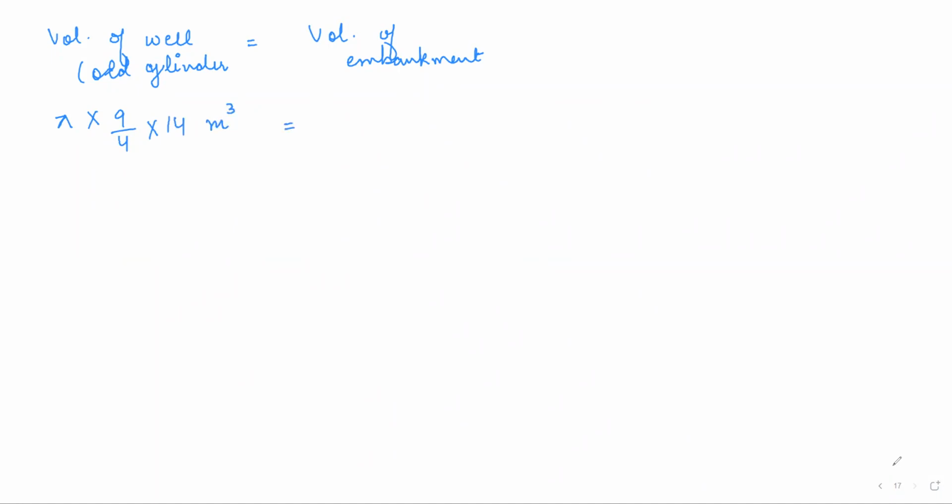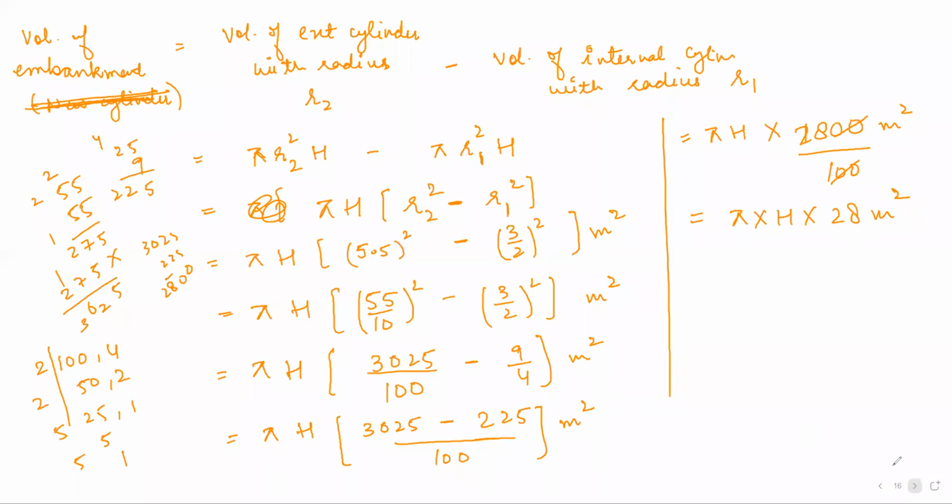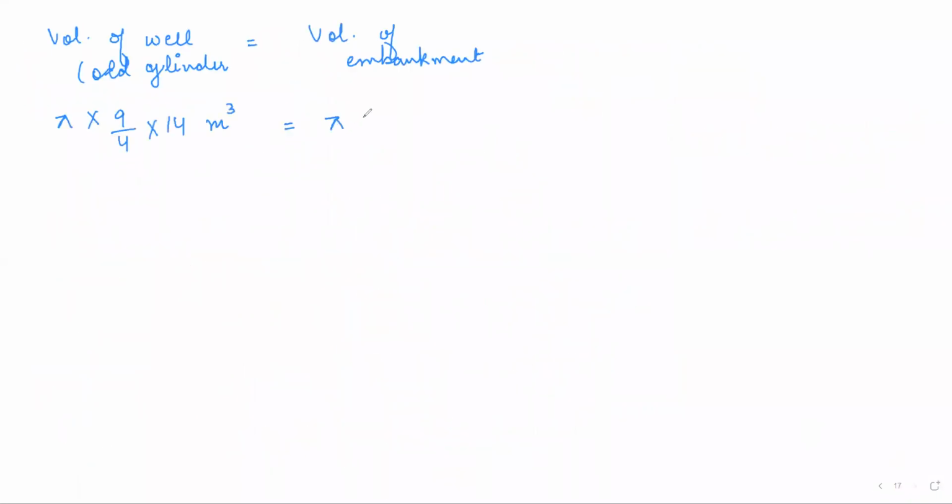And this is pi into capital H into 28 meter square. So now you can see pi cancels out. Don't put the value of pi here. Now H means 9 into 14, and 1 meter will remain, and then 4 into 28 is equal to capital H, right?